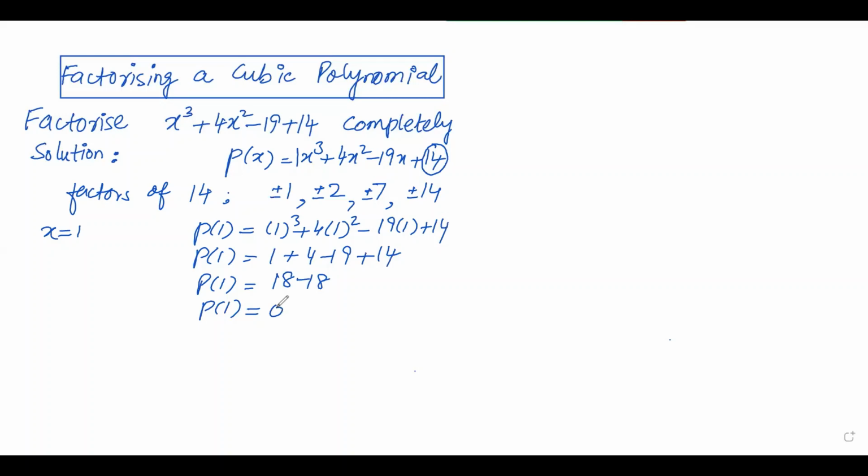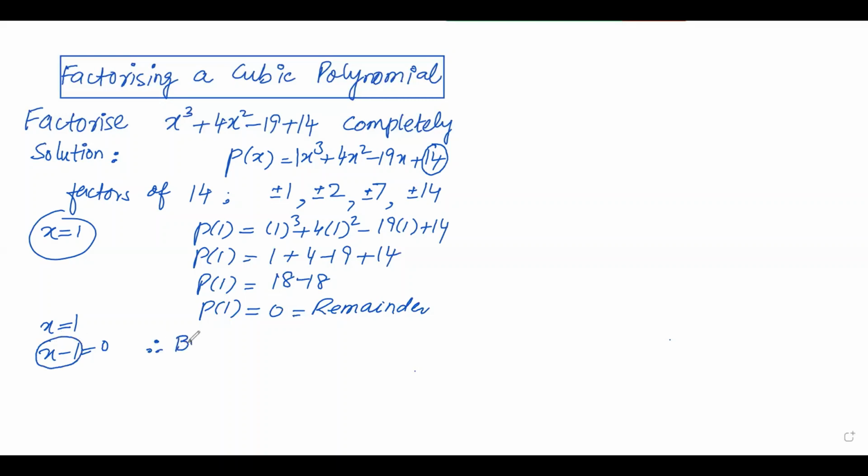So for x is equal to 1, this is basically the remainder. So the remainder is 0. If the remainder is 0, what is that factor of this polynomial? The technique is simple: as it was x equals to 1, so x minus 1 is equal to 0 means the factor is x minus 1.